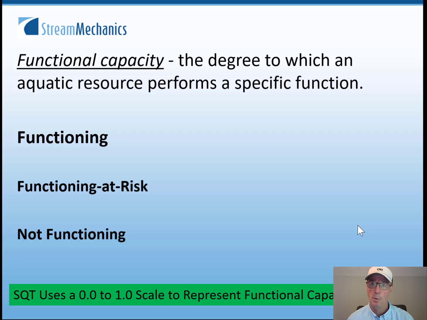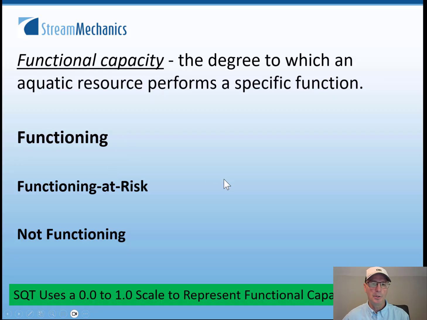All right, so let's talk about functional capacity. This one's really important to understand for developing reference curves. Functional capacity comes from the federal mitigation rule, and it's the degree to which an aquatic resource performs a specific function. We have put these things into 3 buckets: functioning, functioning at risk, not functioning. It's sort of our way of determining what this degree of function will be.